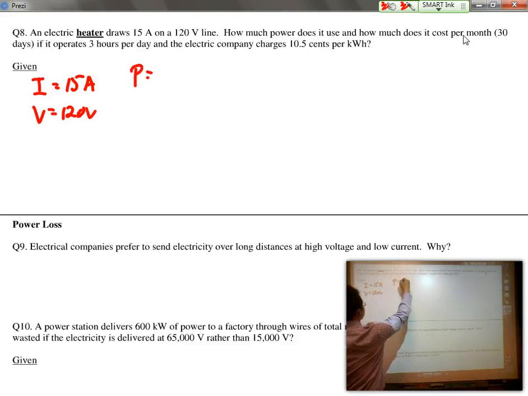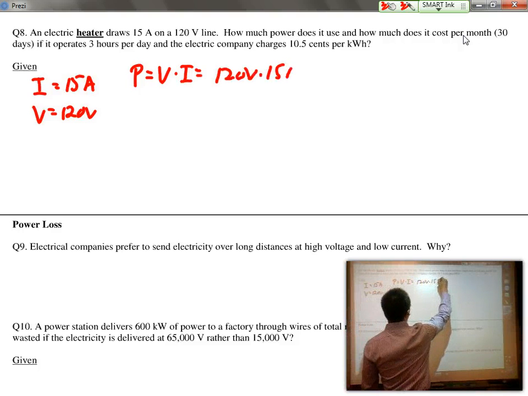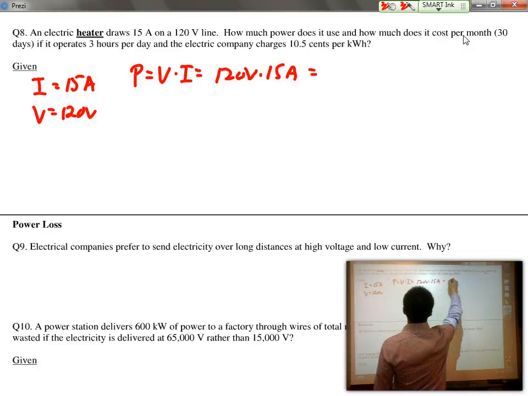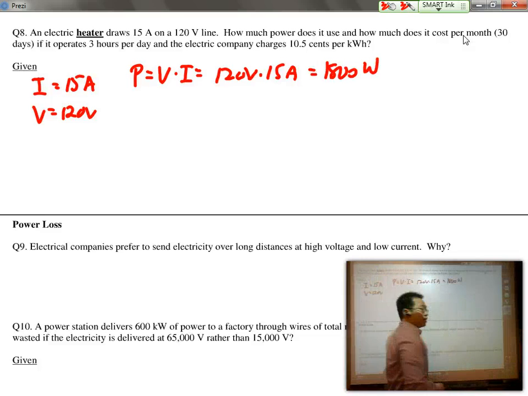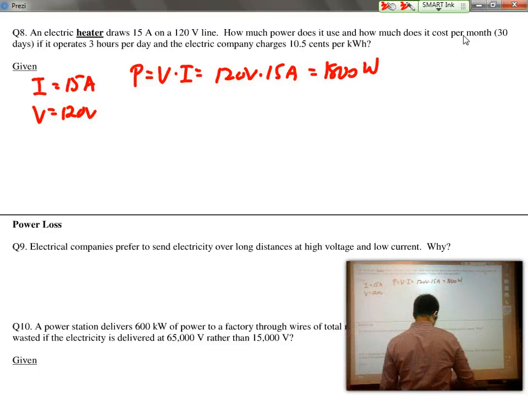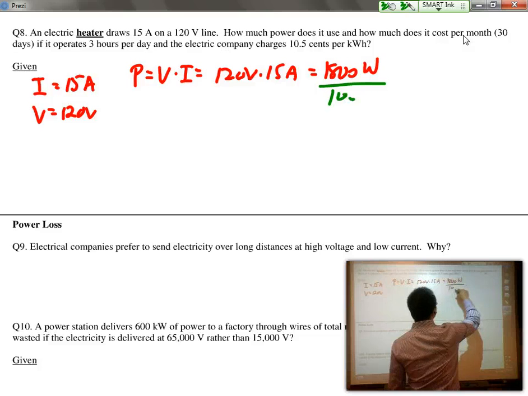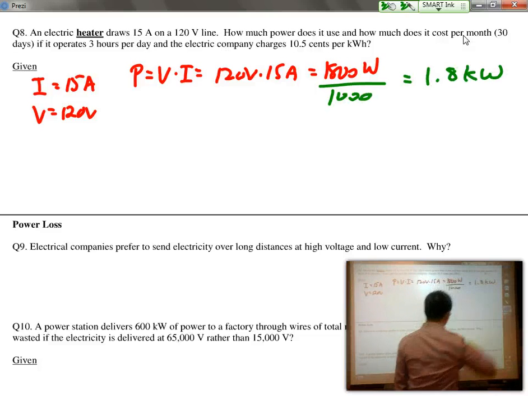In this case, power equals V times I, which is 120 volts times 15 amps, which is equal to 1,800 watts. Because I want this in kilowatts, I'll divide this by 1,000 and end up with 1.8 kilowatts.